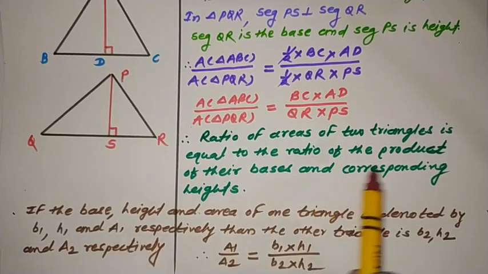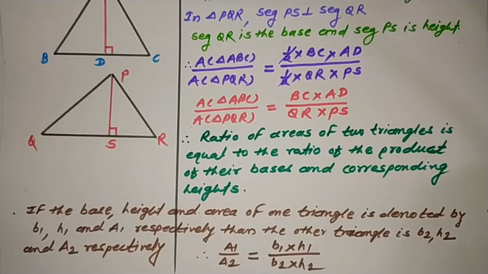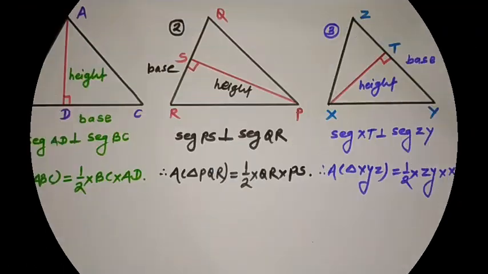This is the ratio of area of two triangles is equal to the ratio of product of their bases and corresponding heights. Here the ratio of area of two triangles is B1 into H1 upon B2 into H2.